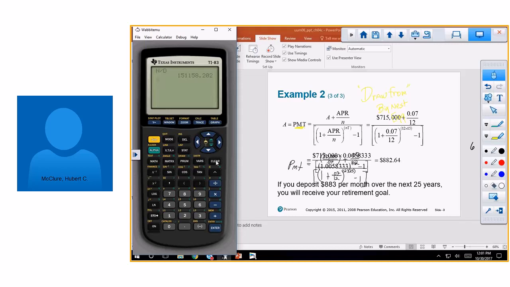Well, I know I didn't like the way that 4 point whatever came out. So let me try it again. 715,000 multiplied by, or added to, 0.07 divided by 12.